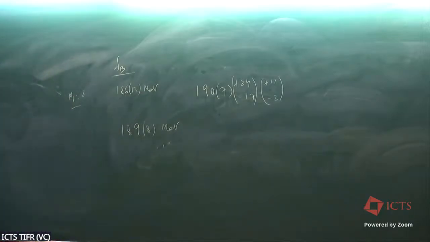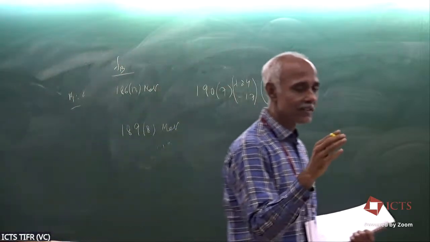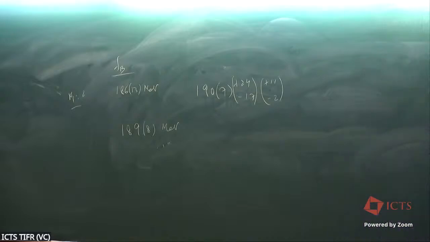There are other purposes for which you can use the same static Lagrangian. In fact, I was part of a calculation where we tried to look at how a heavy quark loses its momentum in a quark-gluon plasma.